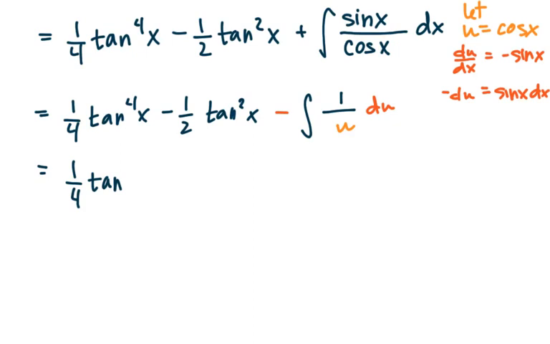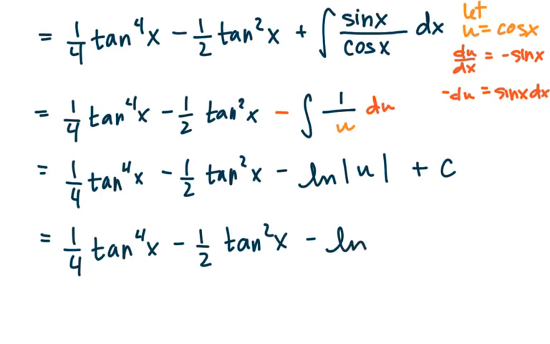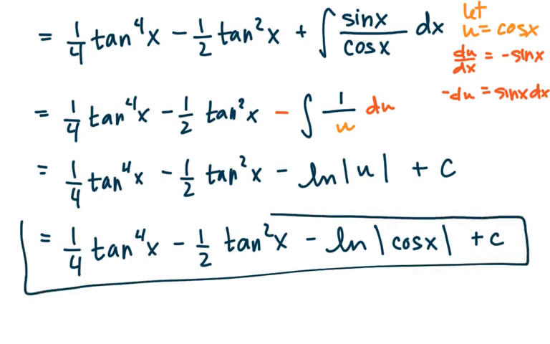So we have 1/4 tangent to the 4th of x minus 1/2 tangent squared of x minus the natural log of u plus c. And so, of course, we would plug that u back in, which was cosine x, and my final answer is 1/4 tangent to the 4th x minus 1/2 tangent squared x minus the natural log of the absolute value of cosine x. And that's our final answer.